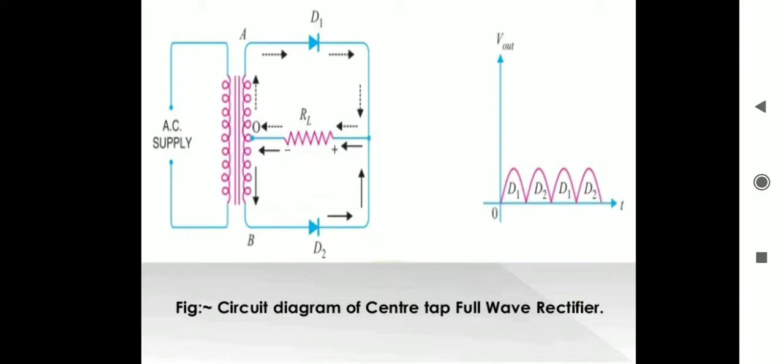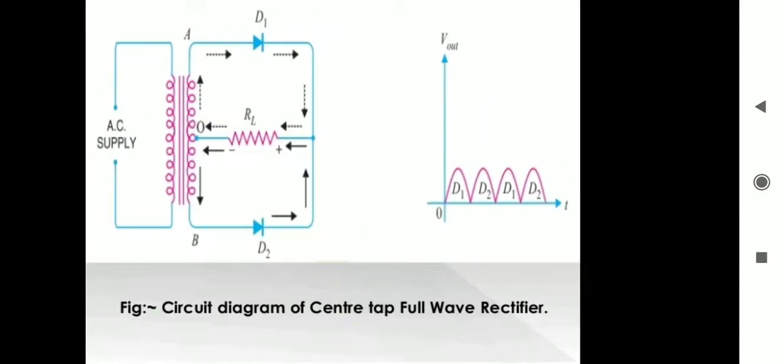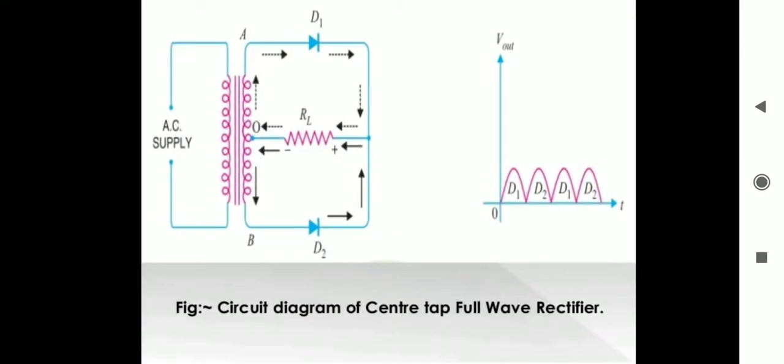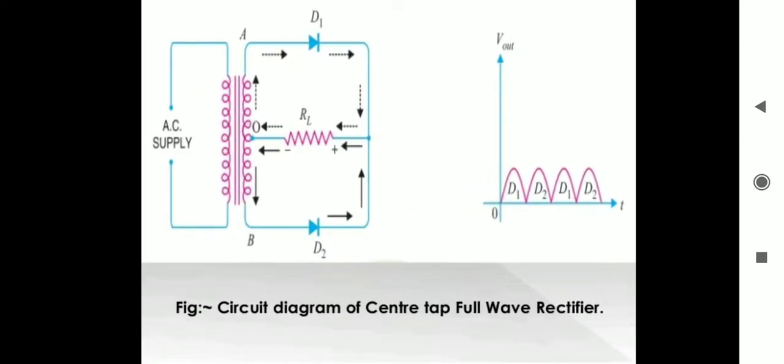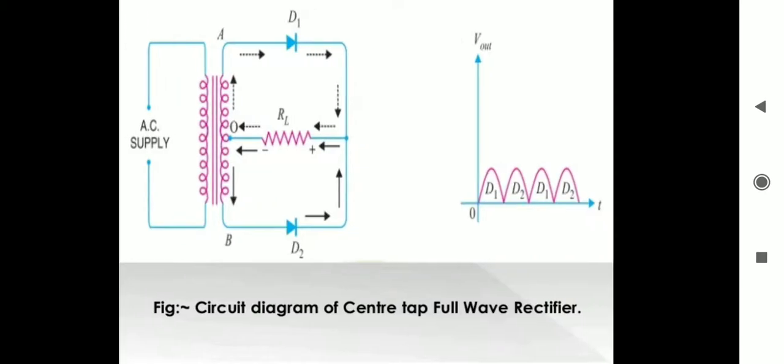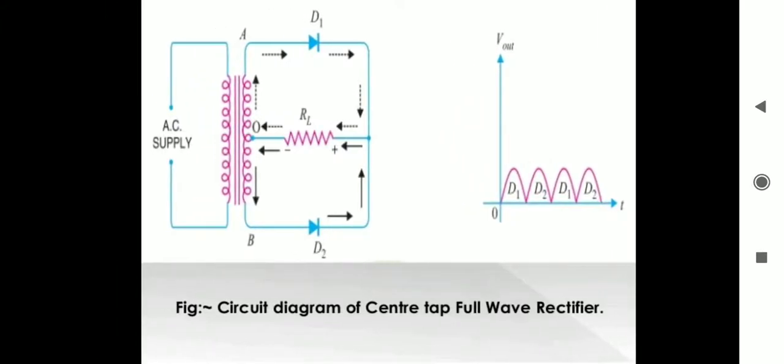Operation of the center tap full wave rectifier: when the AC supply is switched on, the alternating input voltage V appears across the terminals AB of the secondary winding of the transformer. During the positive half cycle of the secondary voltage, end A becomes positive and end B becomes negative.